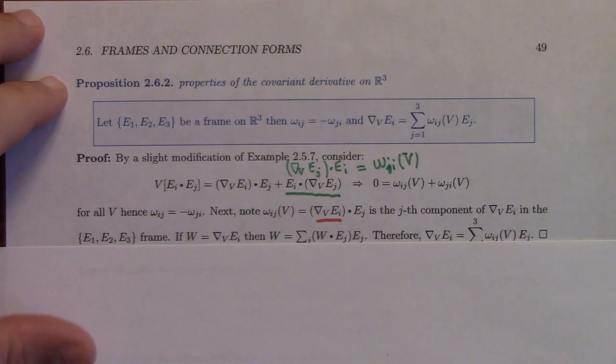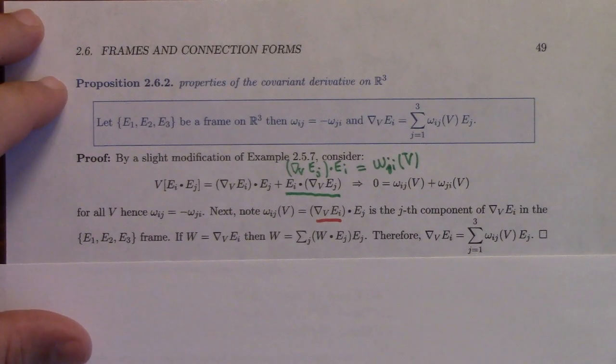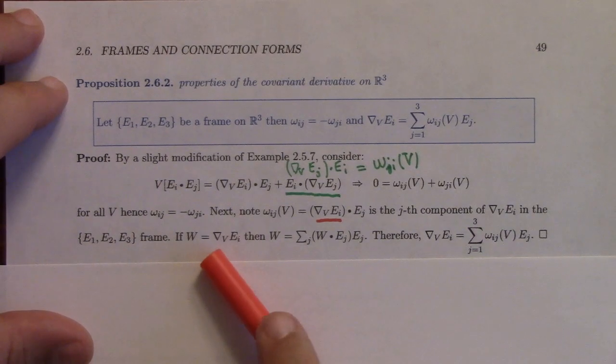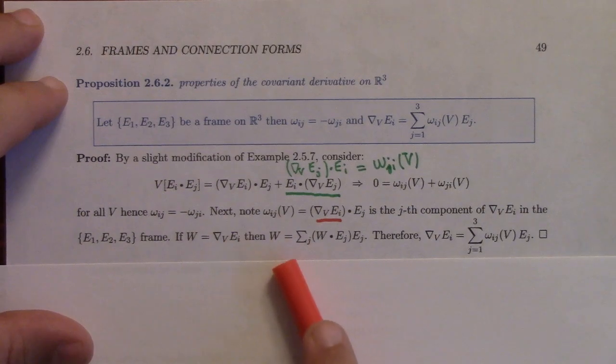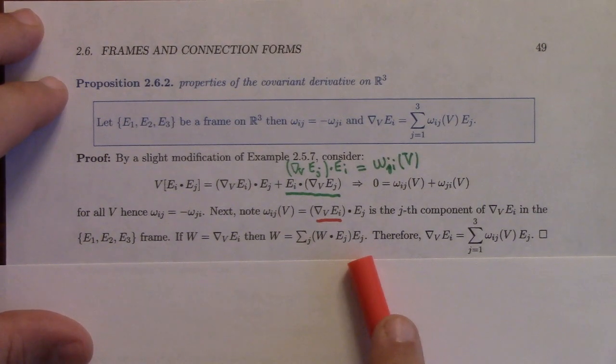All right, this is just what I just said, but I'm giving it a name. Call this thing W. This is a general identity: W is equal to the sum over j of W dot Ej times Ej.